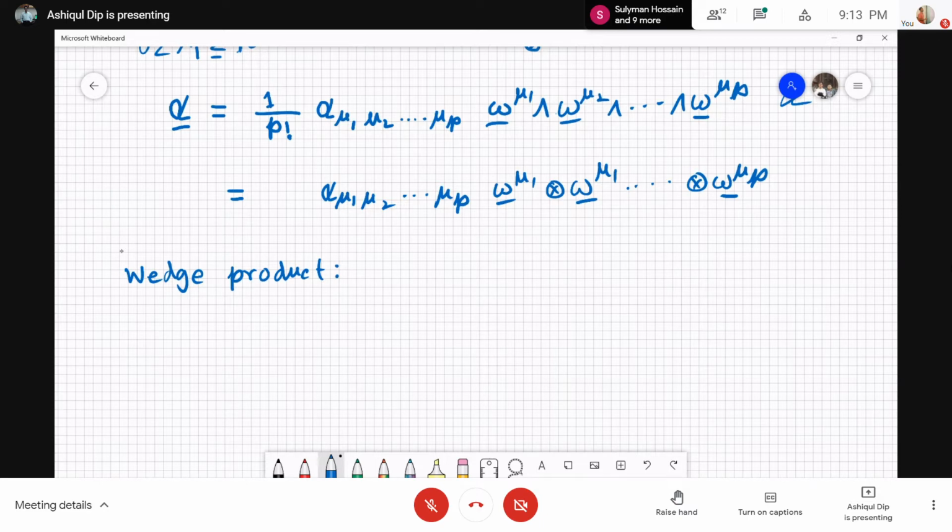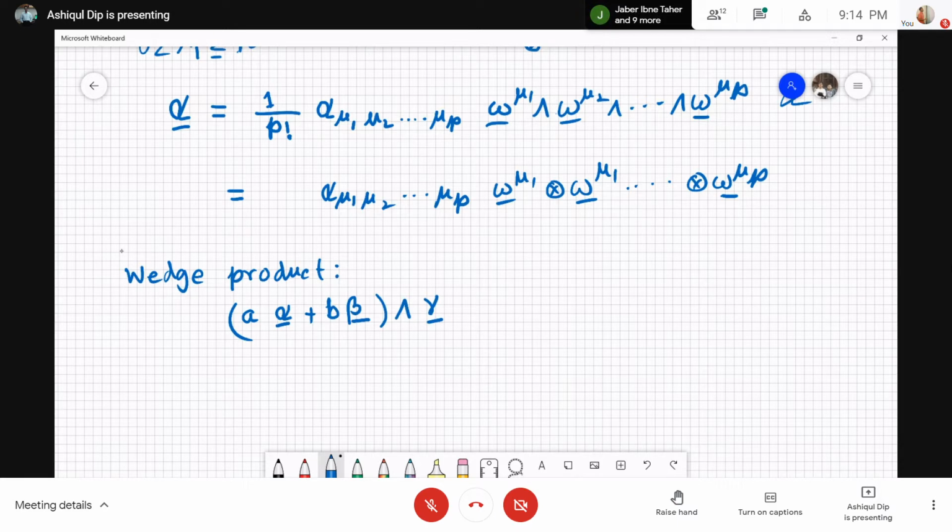First of all, linearity. That means if you have two one forms, alpha and beta, and their combination is written as a times alpha plus b times beta, where a and b are numbers, and you take wedge product with a third form gamma.